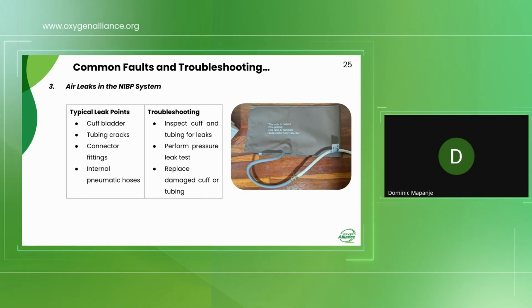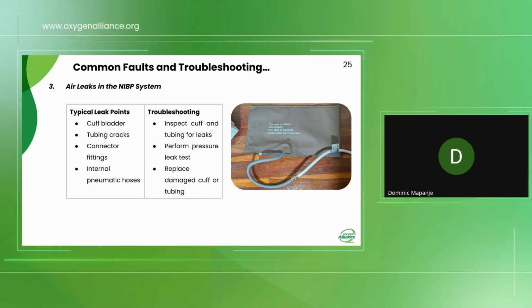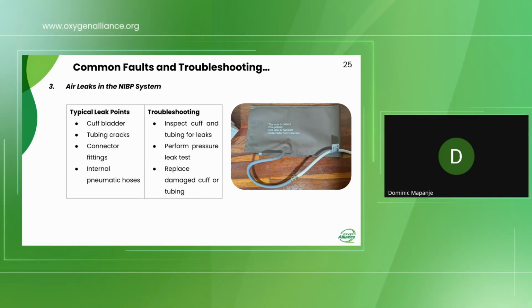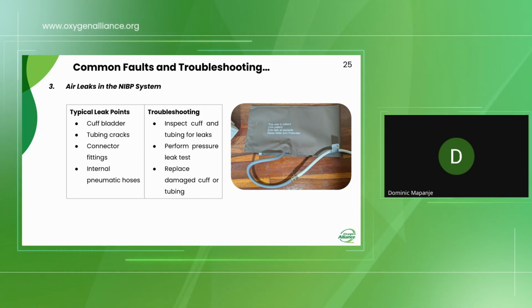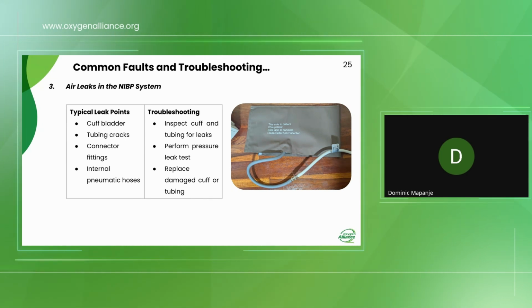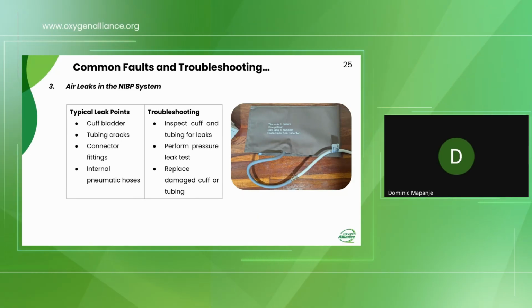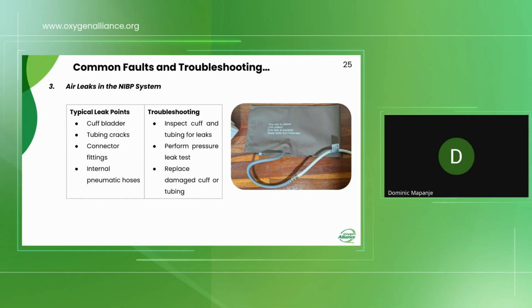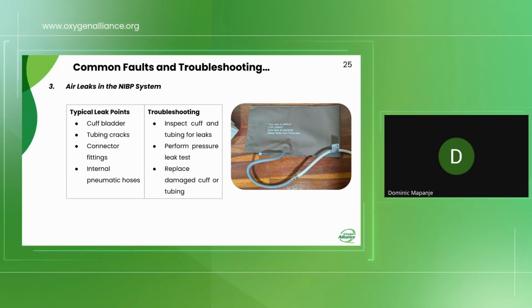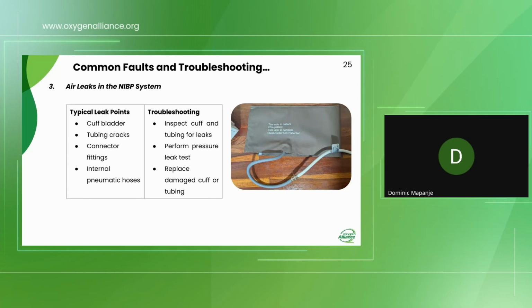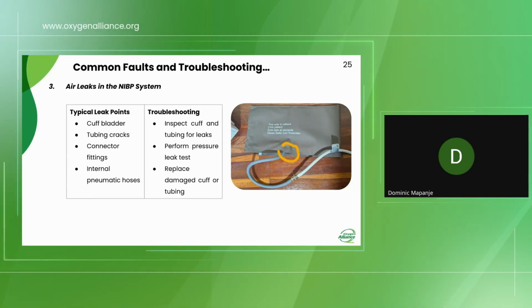Another common fault is air leaks in the NIBP system. I think this is the most common thing with the NIBP system in monitors, or even the small BP machines that we find in hospitals. There are typical leak points that I can check. You can deal with the cuff bladder itself. I don't know if you can see where I'm pointing, where I annotated in the picture.